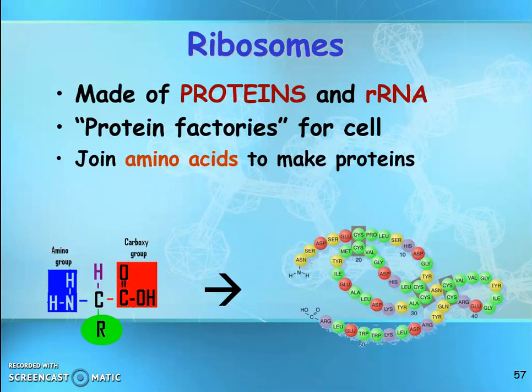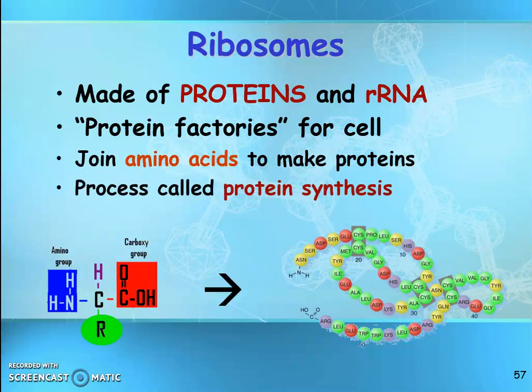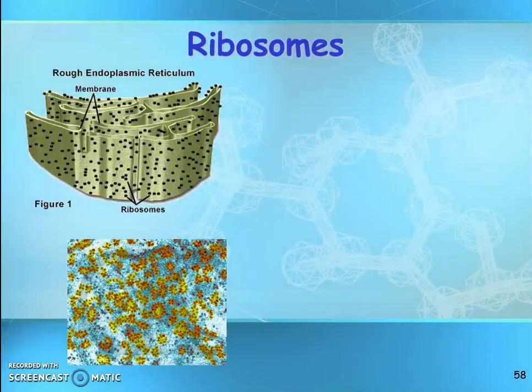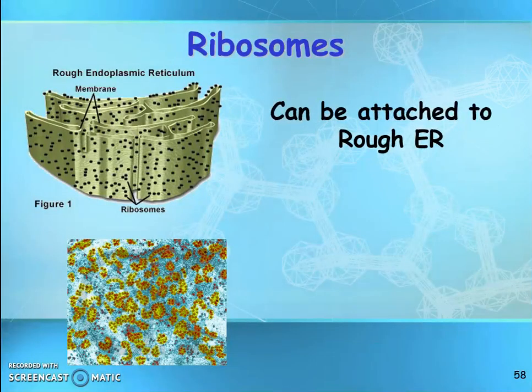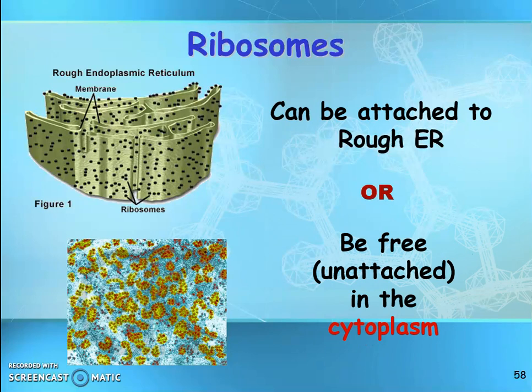If you remember from the past videos, amino acids are the kind of macromolecules which are attached to make proteins. And the process of attaching the amino acids is called protein synthesis. The ribosome can be attached to the rough endoplasmic reticulum, or it can be found suspended in the cytoplasm.